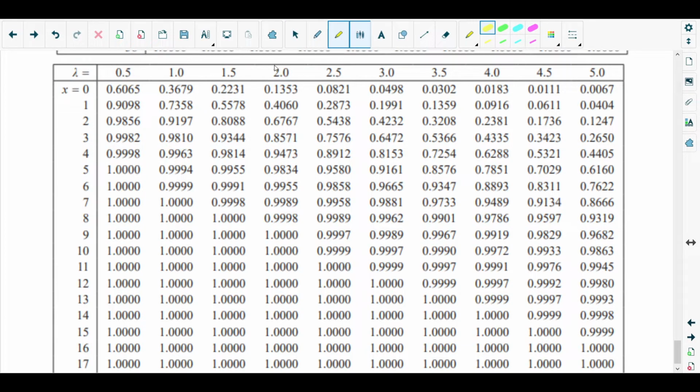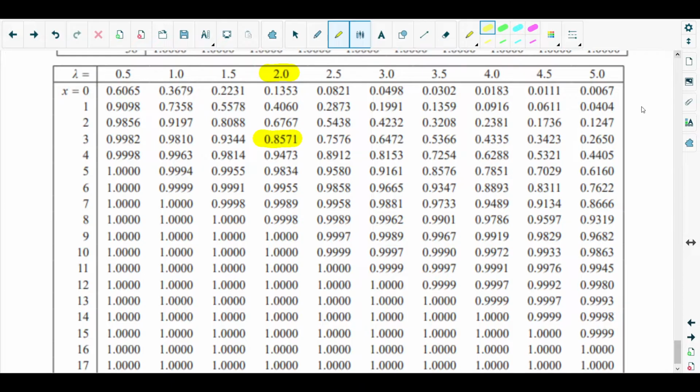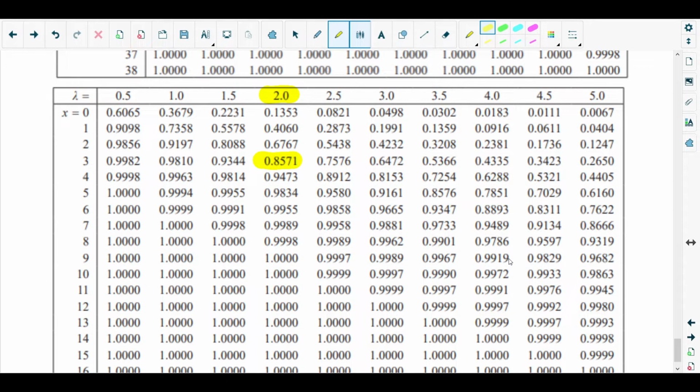So lambda equals 2. Here you can see this is 2, and we need X less than or equal to 3. How do I understand that? If you see the X values here, they are showing the probability of X less than or equal to small x.